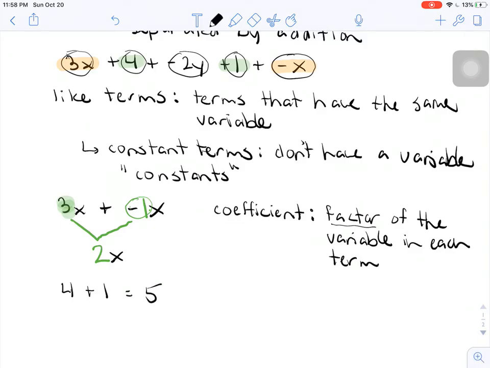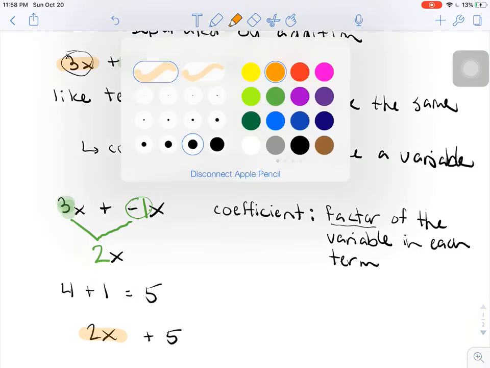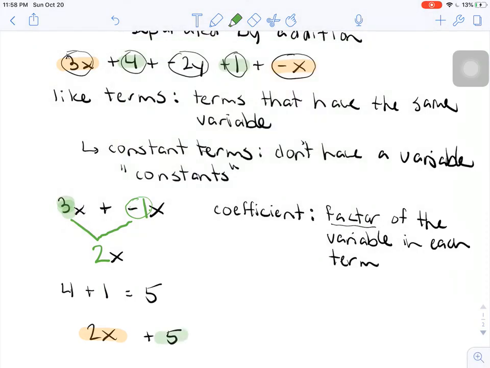So that means I have everything gathered up. All of my like terms that I can gather up are gathered. My 3x and my -x turned into a 2x. That was originally the orange parts of my expression. The 4 and the 1 got gathered up into a 5. That was originally the green parts of my expression.